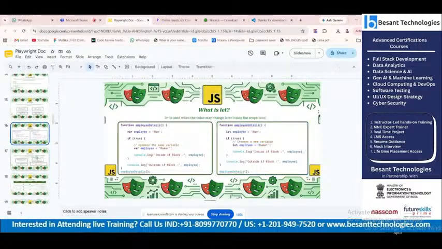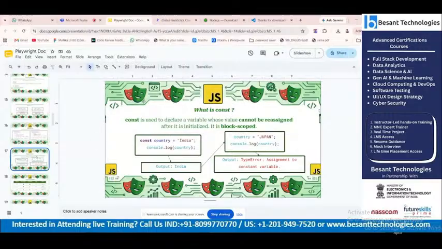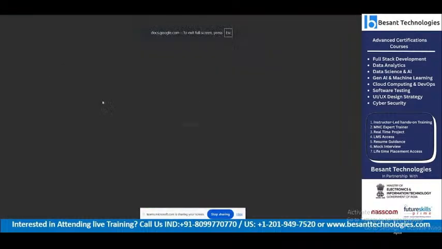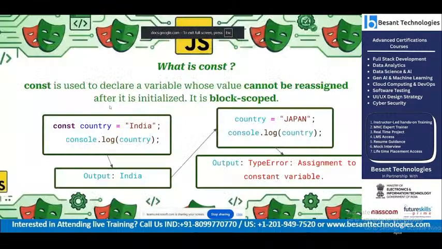Coming to this again, a very important variable type is const. As Shavan told at the start, const is usually used for static values. For example, if you're going to use an authentication key in the system, you need to declare it as a const variable because authentication keys are very secure.